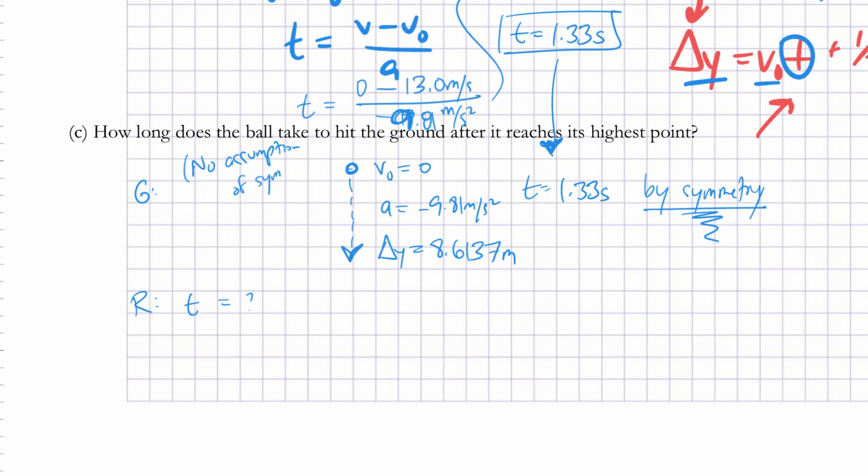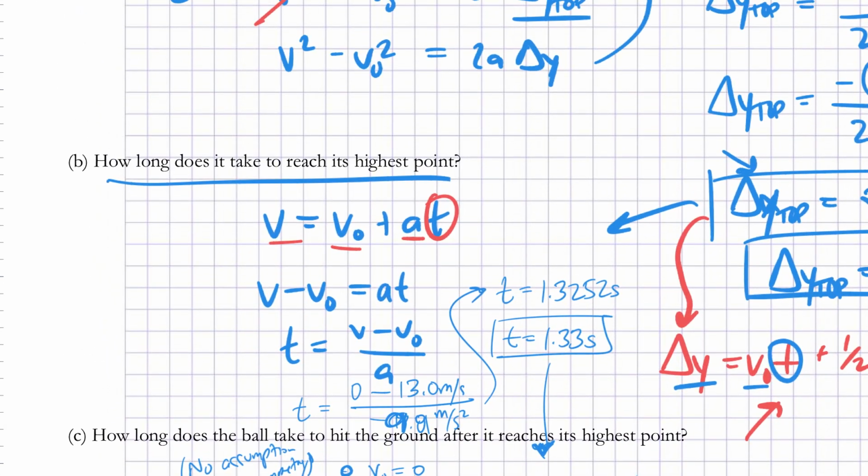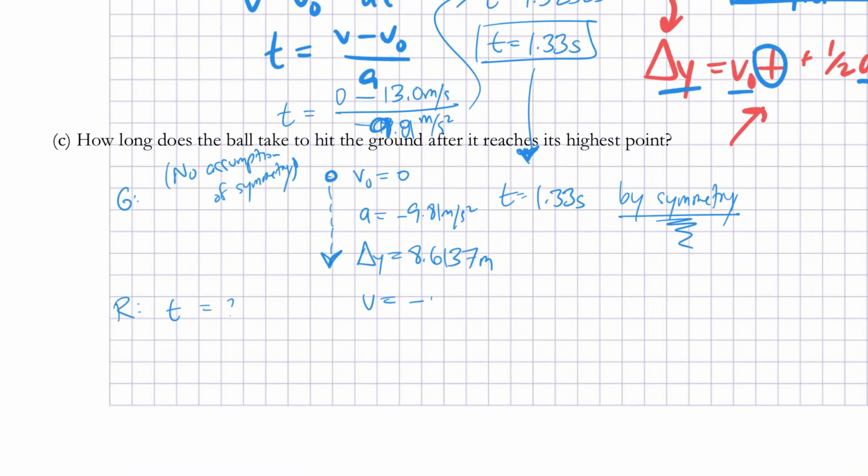Some of you are wondering, why don't we just put v equals negative 13 meters per second as the final velocity? The reason is that is an assumption of symmetry. If I knew symmetry, I could have just written that answer. But because I'm assuming I don't know symmetry, I can't do this particular thing.